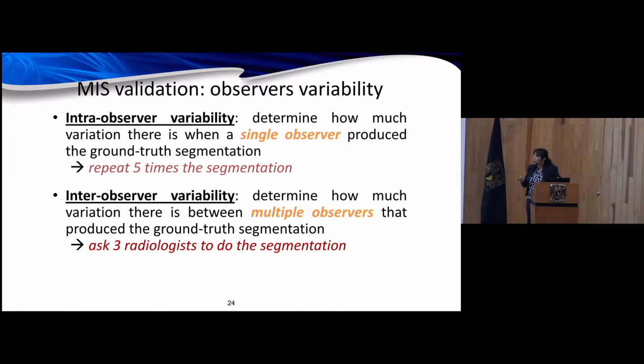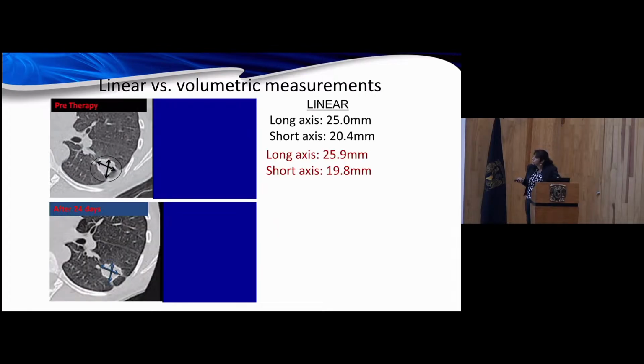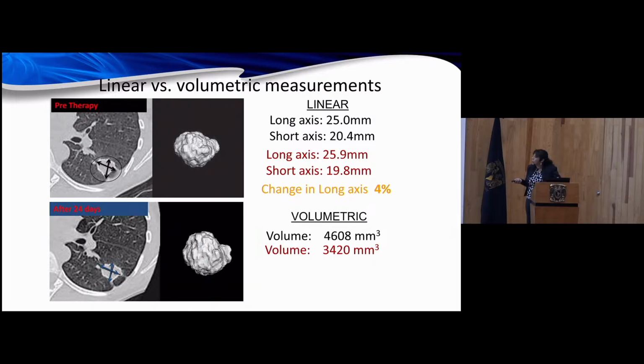So there's variability even for one person, no? And also between multiple observers. There's also another variability, that some people segment in one way and some others in another. And also it's not the same if I want to have a measurement linearly, or I want to measure in volumes, no?